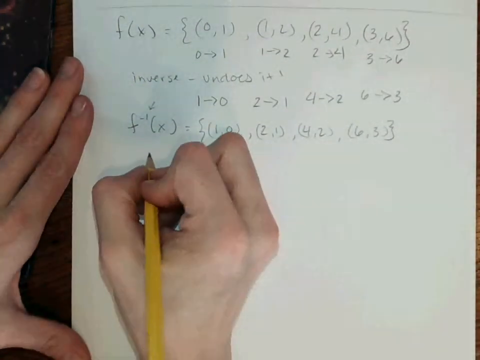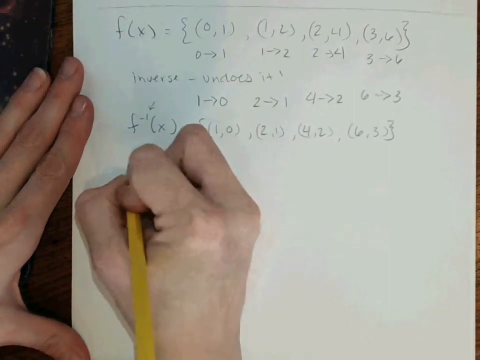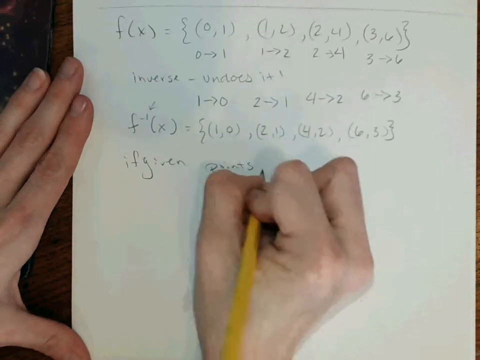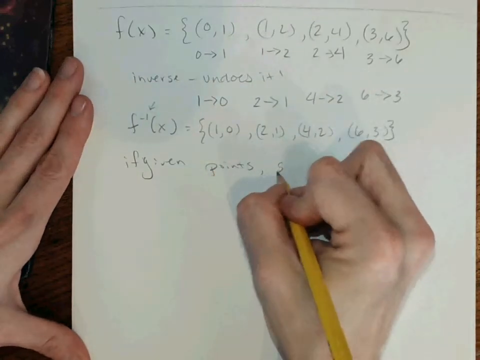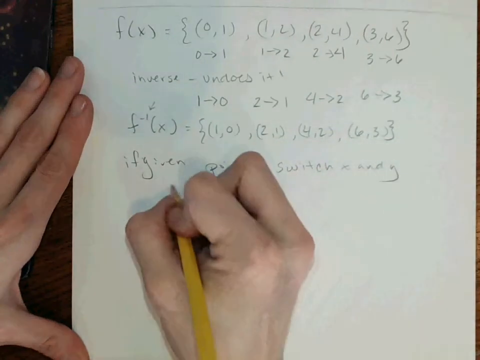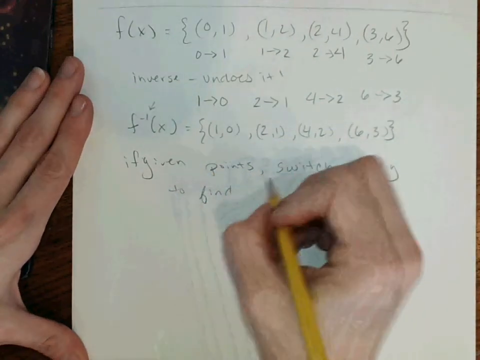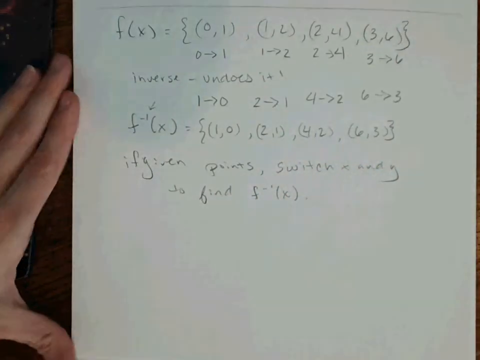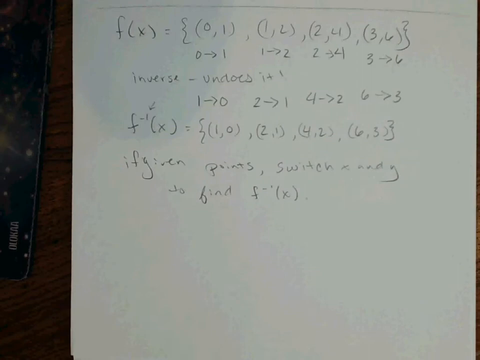So if you're given points, then we just switch our x and y to find your inverse function. So why don't we go ahead and look at this on a graph. I've got a nice little graph drawn up here if I can find it.